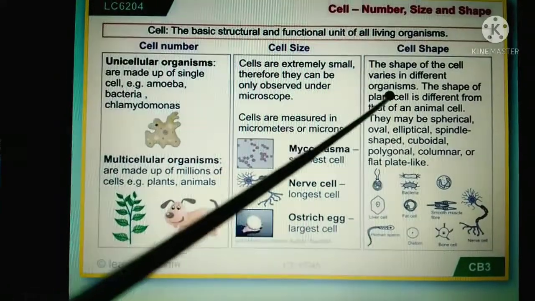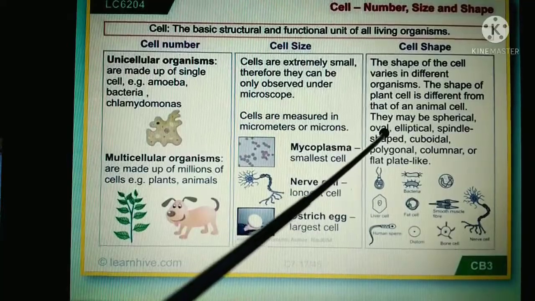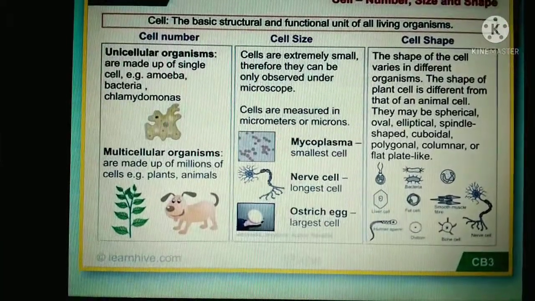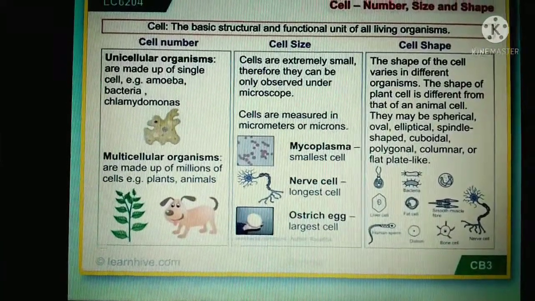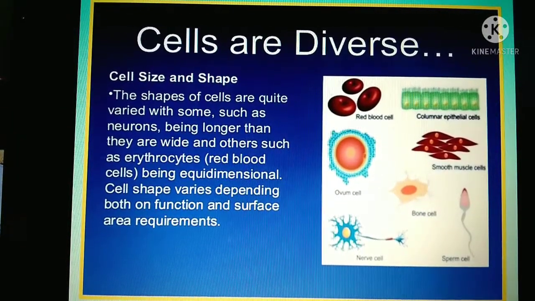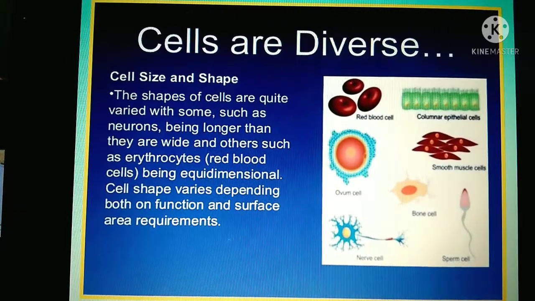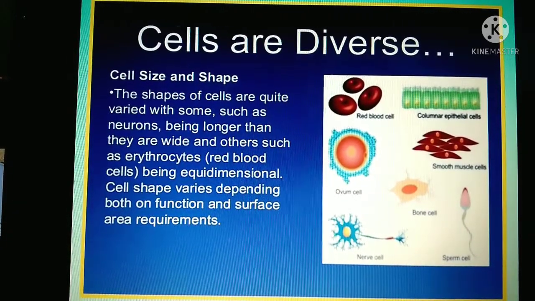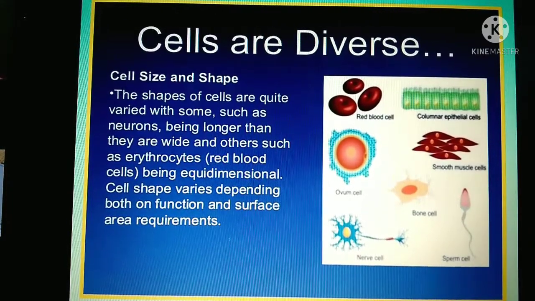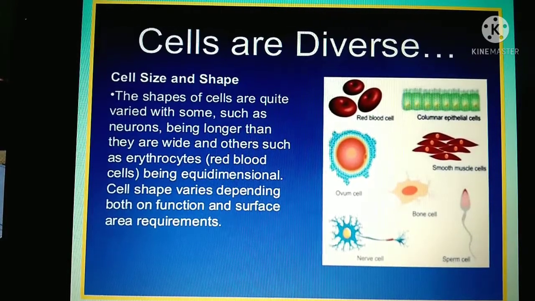These structures depend on the organism. Thus, we can say the cell has diverse structure in terms of size and shape. They may be longer or smaller, nucleated or enucleated, and depending on their shape and size, they perform various functions.